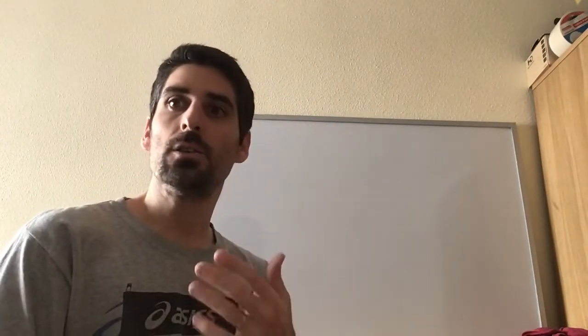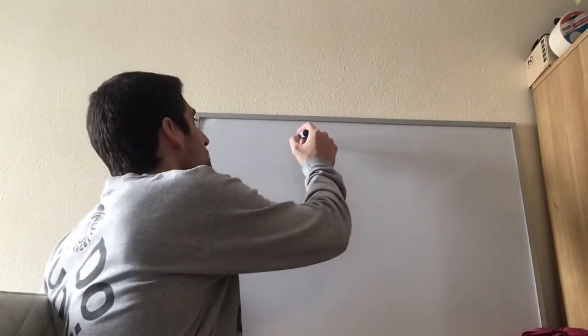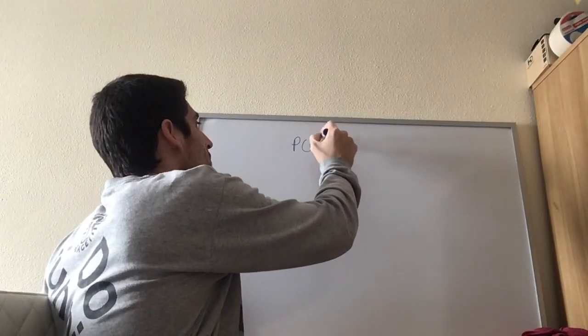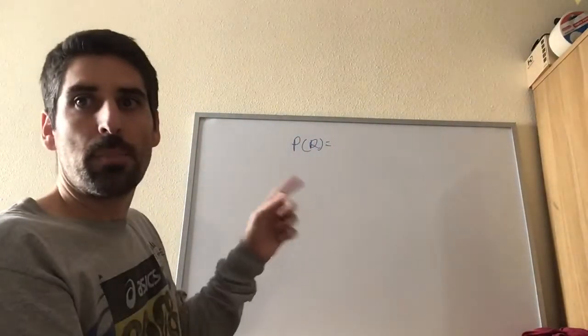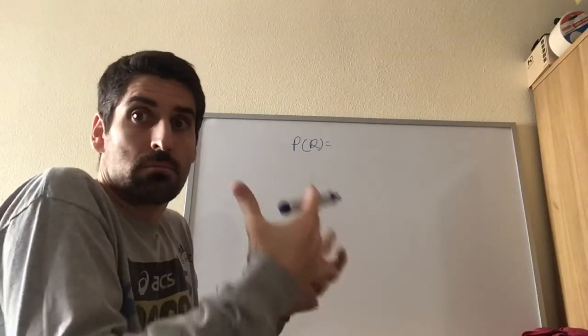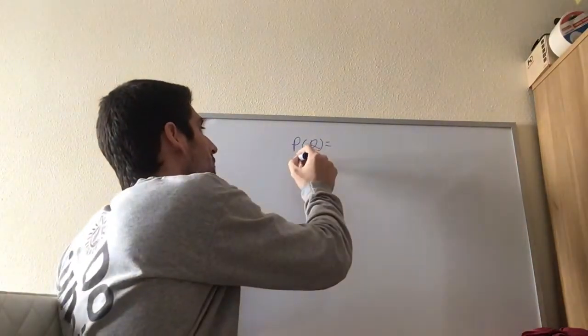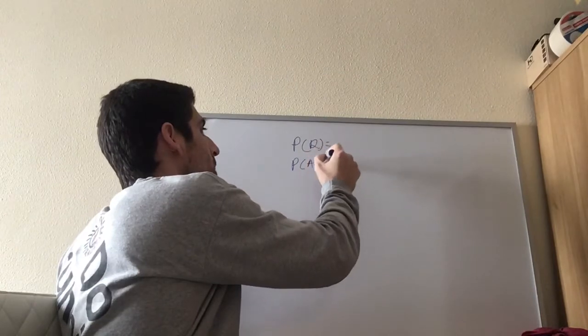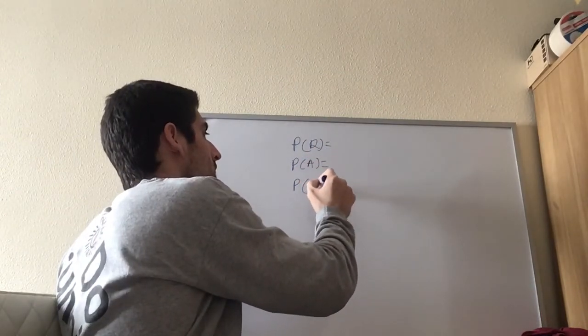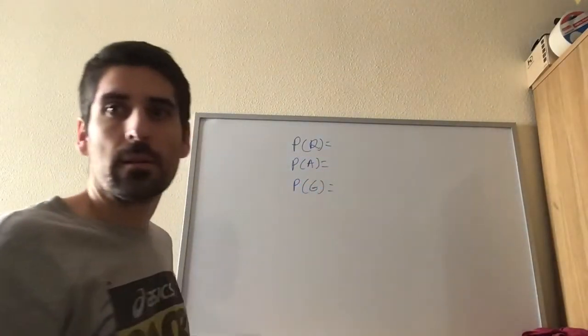Okay, but not all the outcomes have to have equal probability. Simple example, let's say we approach a traffic light. So the event, traffic light, is going to have 3 possible outcomes: P of R, probability of red, because the traffic light could be red, or it could be amber, or it could be green, all right?